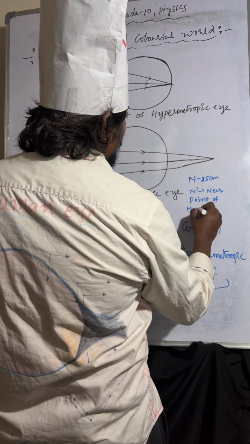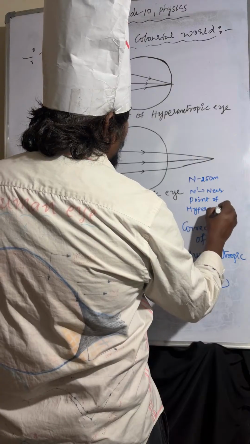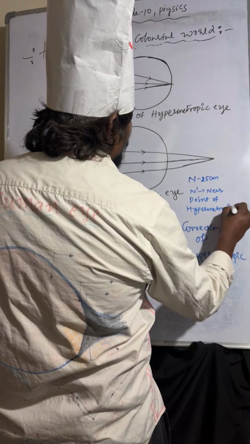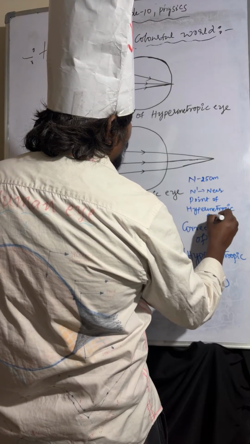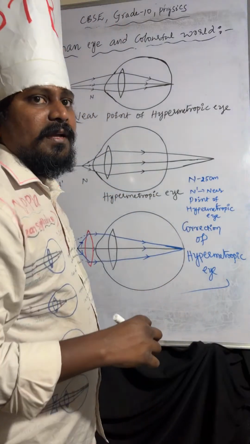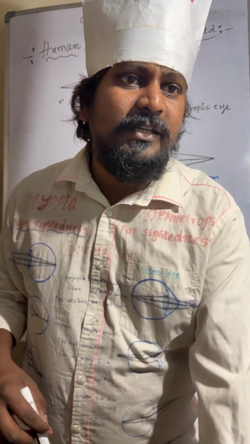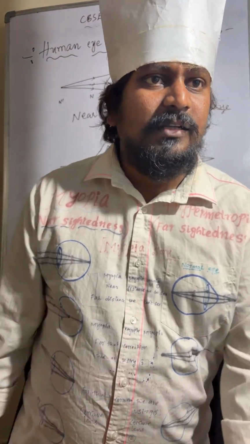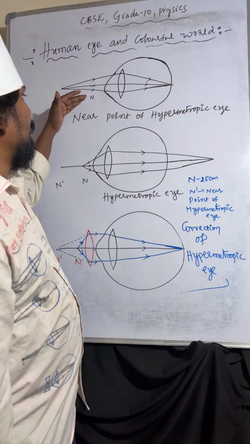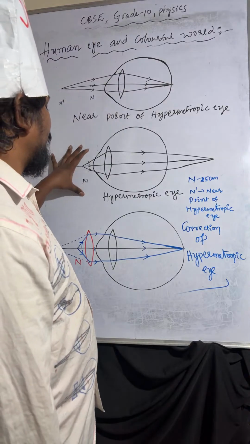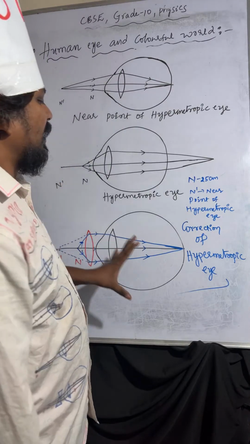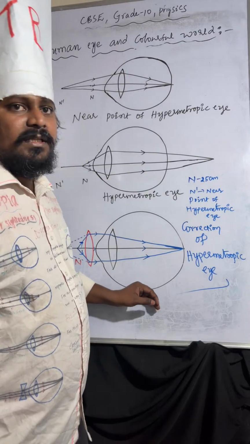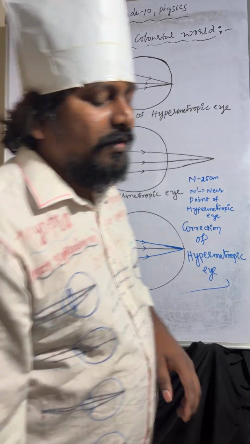Okay, I hope it is very clear. So near point of hypermetropic eye and correction of hypermetropic eye. Understood? So this is about hypermetropia.